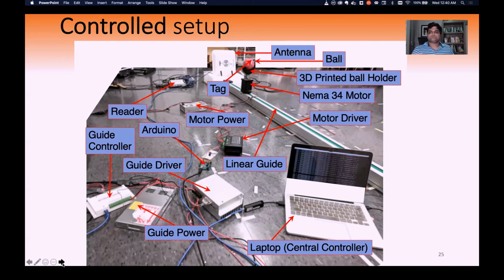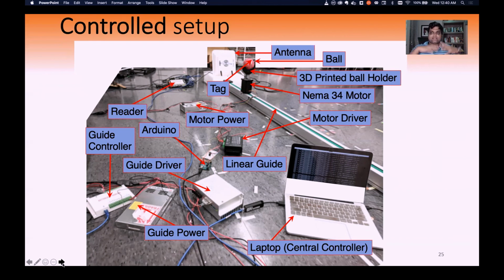To create a controlled linear motion, we use a linear guide, which we connect to a power supply and a motor driver. We also put the ball on a NEMA 34 motor with a driver and a power supply to create rotation motion, and control that with the PC.